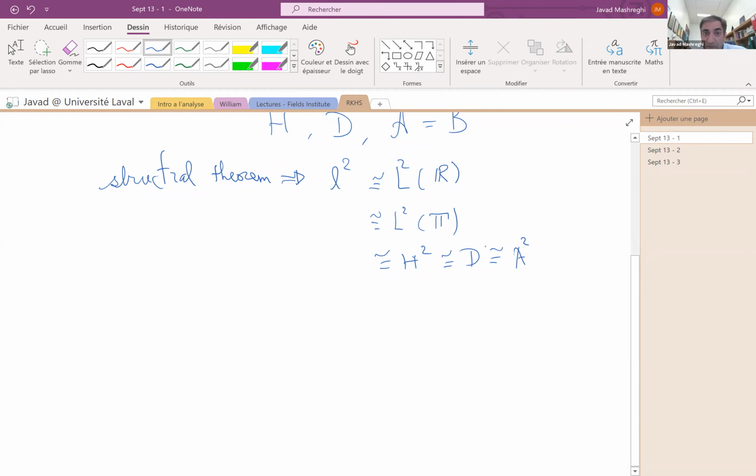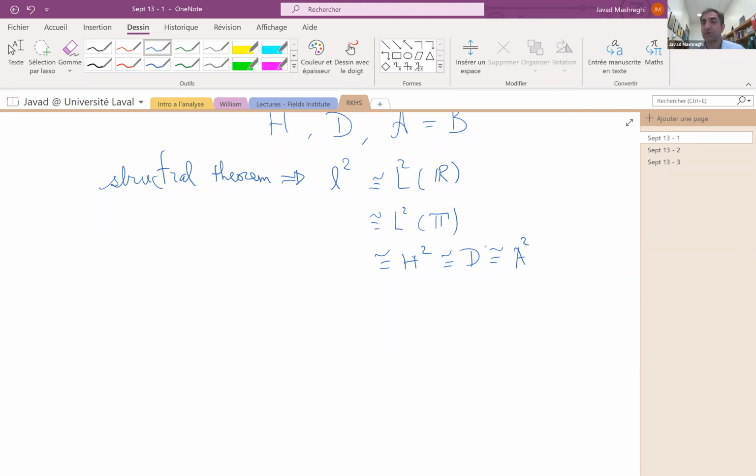So why do we go, if they are the same, which really they are, why do we go for different Hilbert spaces? And there are some justifications for this. Each has other structures, not just Hilbert structure.